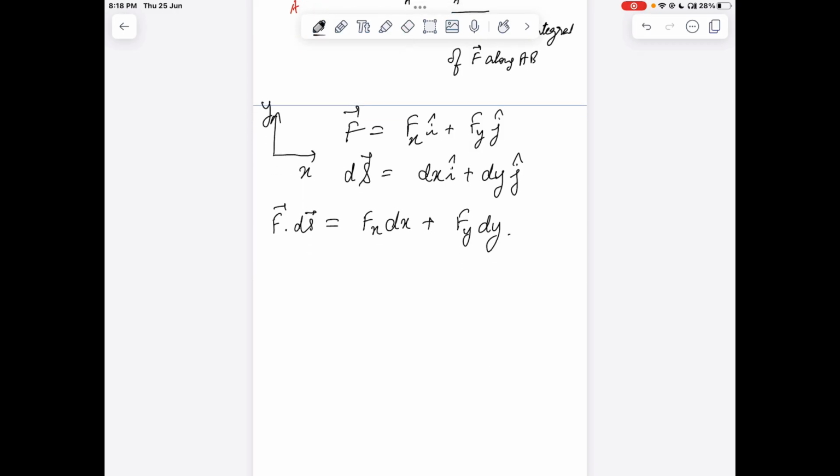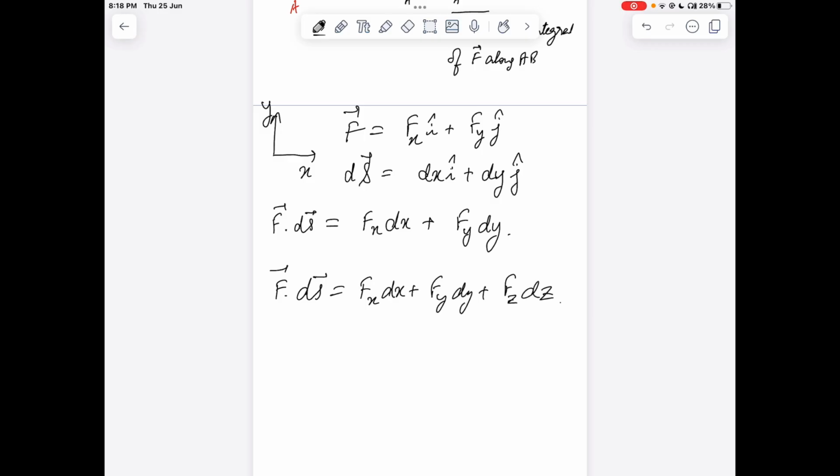So for IIT JEE prep, of course, it's enough if you consider x and y directions. We generally consider plane motion. But the generic case would of course be F dot ds is equal to Fx dx plus Fy dy plus Fz dz.